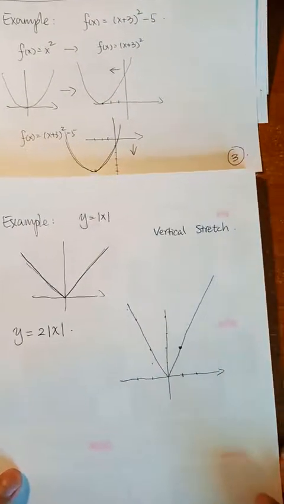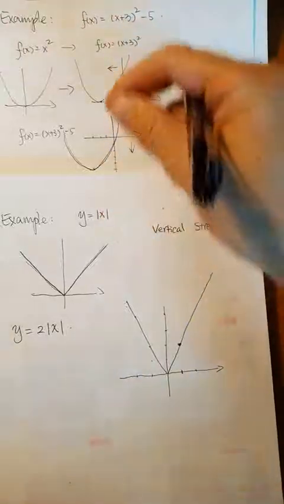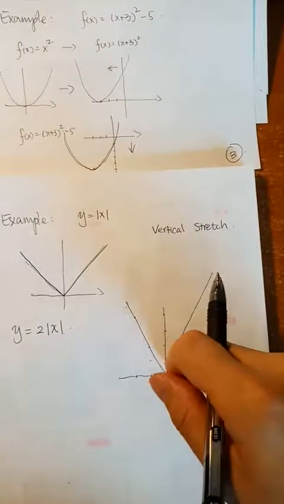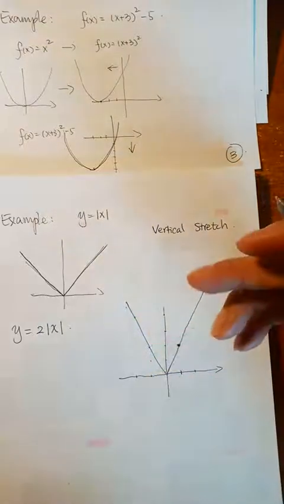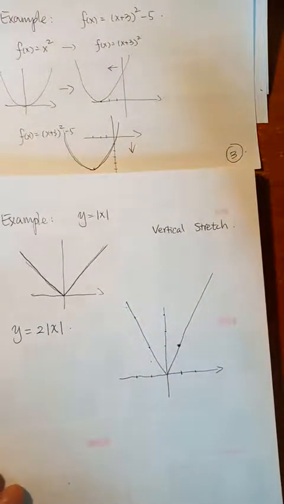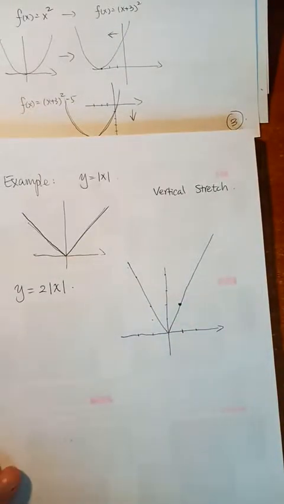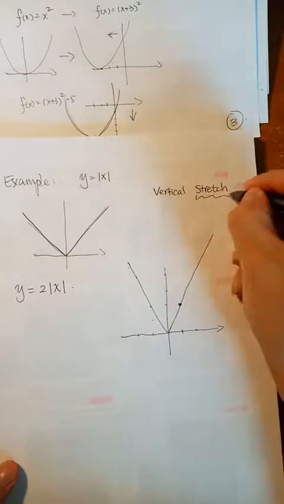Vertically enlarge the graph along the vertical direction. 0 is always fixed at 0, because 0 times whatever value is 0. Okay, this is a vertical stretch.